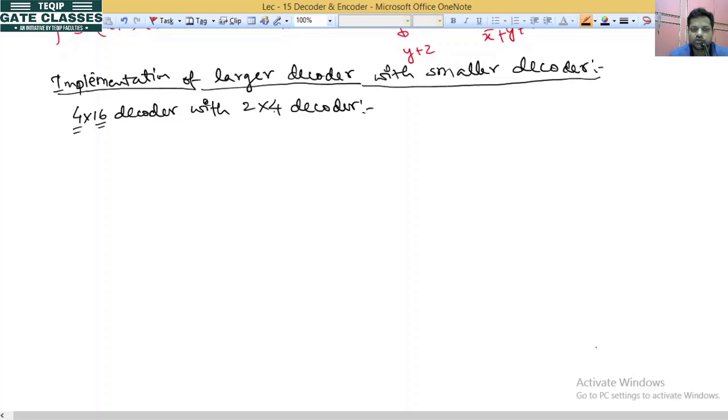But in a 2x4 decoder we have only 2 inputs and 4 outputs. So we know that in a 4x16 decoder we have 16 outputs, and in a 2x4 decoder we have 4 outputs. So divide that, we will get 4. Now again divide this 4 by 4, it will be 1. This division you have to do until you get 1.